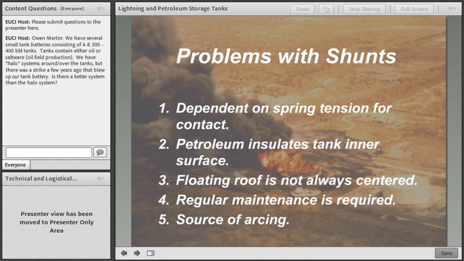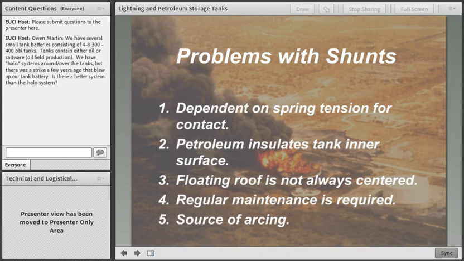Number three, the floating roof is not always centered. So, as I said earlier, suppose you have a very large tank, say 200 feet in diameter. Well, it's extremely difficult to construct this tank in a perfect circle, and it's also typical for this tank to go out of round as it's being used.